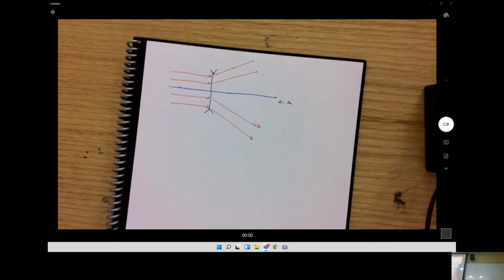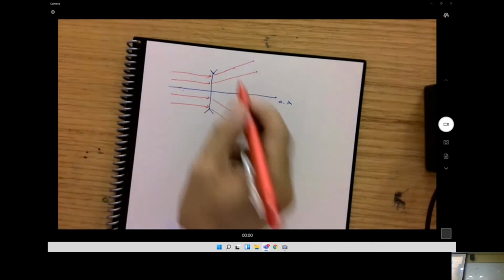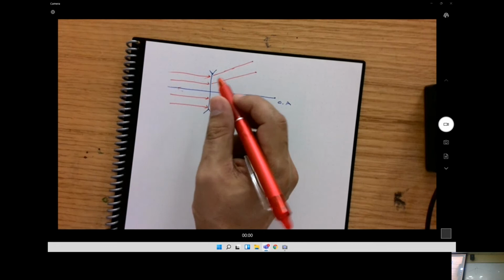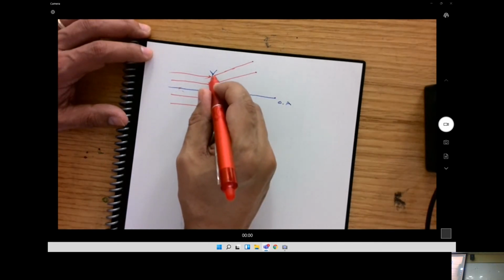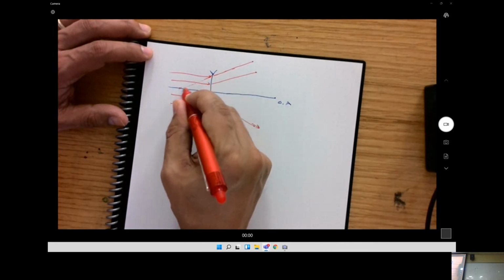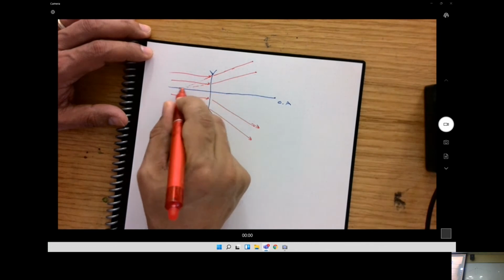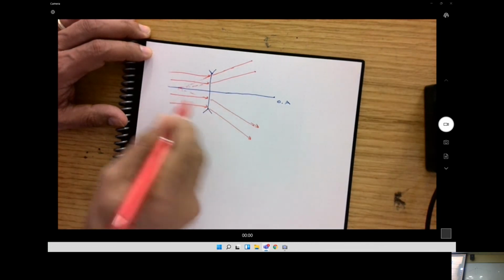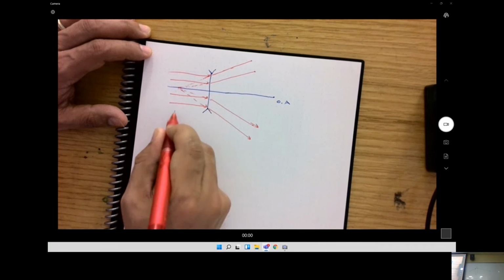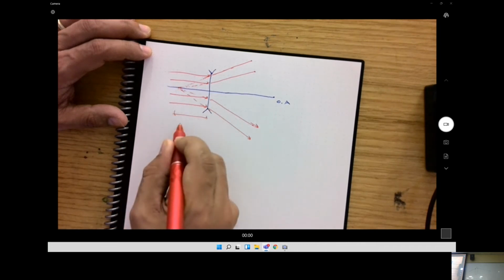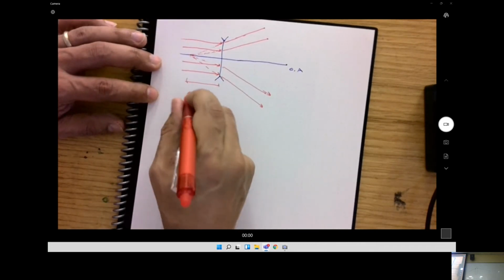Okay, if I were to trace these diverging lines back, like a straight line, I will see that they appear to come from a single point. So that's the focal length of the concave lens.